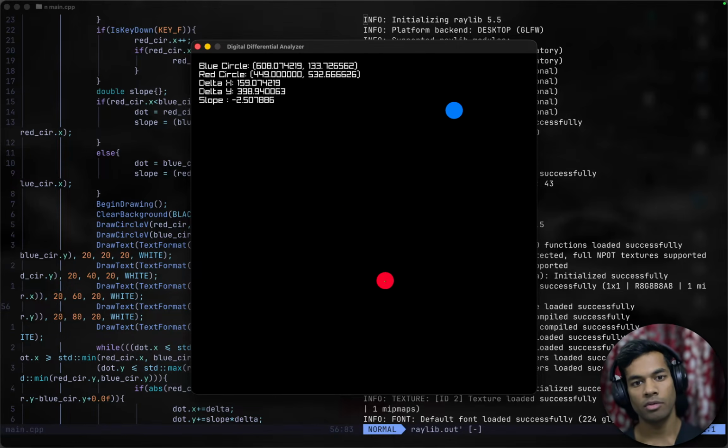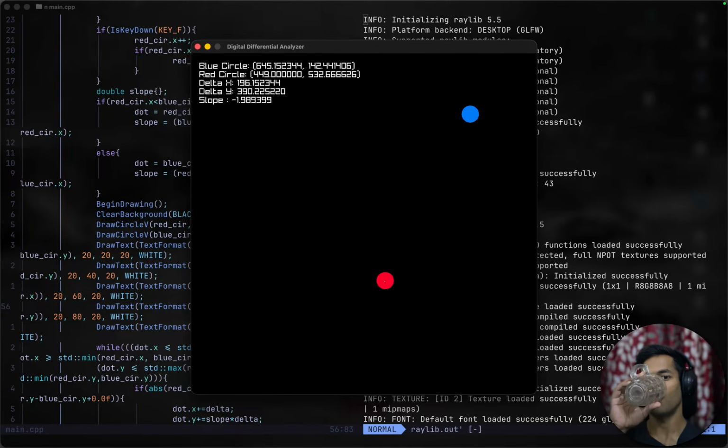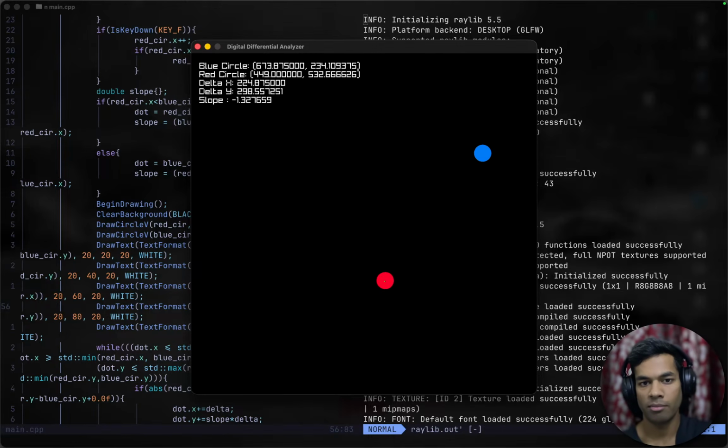Okay, but the slope is still negative. But the slope is still negative. And our starting point is the red circle. Our slope is wrong.